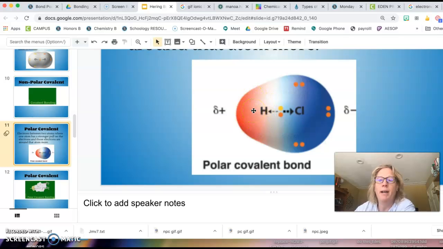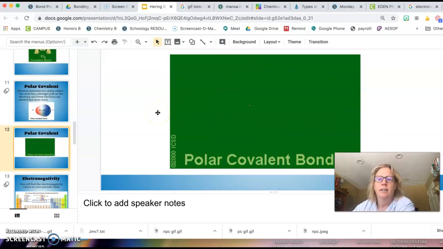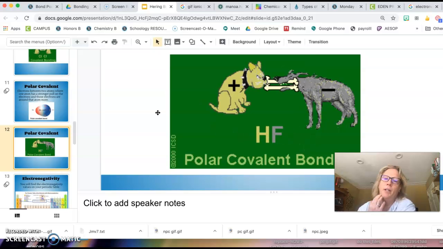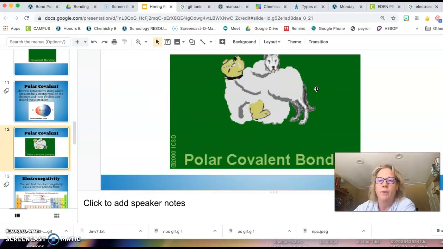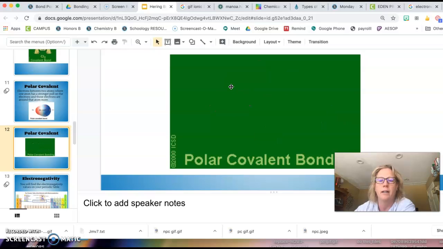It's not a full positive and negative like an ionic bond. And here's our little dog analogy. The gray dog is pulling the electrons more closely to itself, which gives us that partial negative charge, and that results in the other one being partially positive because now it doesn't have all the electrons around it. Its nucleus is kind of exposed.